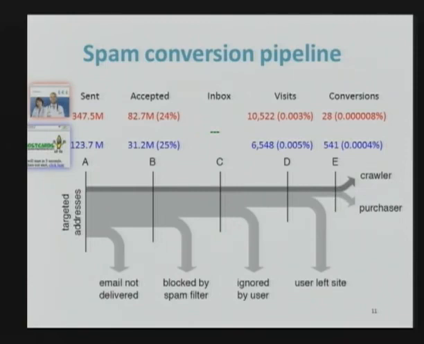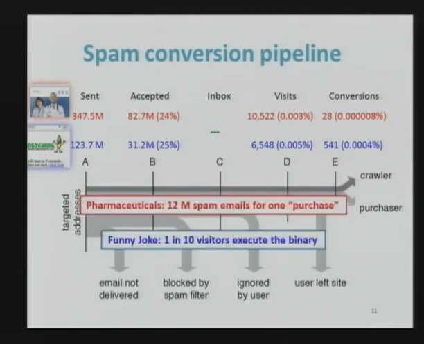And then, again, a little bit higher conversion rate for the infection campaign was 541 out of over 100 million different targets actually deciding, oh, we do want to try to run this program. So if you do the division out, you can see that 1 in every 12 million of those spam messages actually resulted in a successful purchase in our hypothetical situation here.